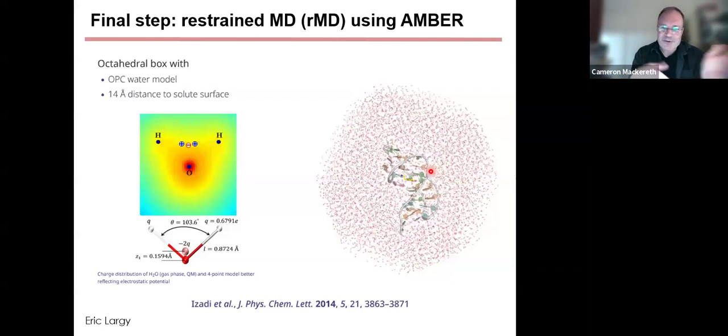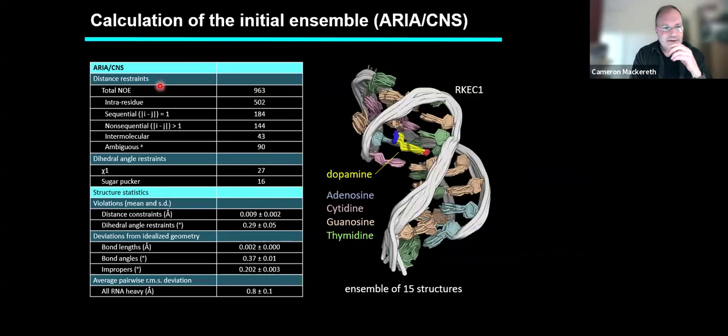So this is when I start switching to the white background slides, because this is now using Amber. And so what Eric now did, so that's why we were in the different background, took this ensemble of 15 structures calculated by the standard biomolecular NMR way, as well as, just go back for a second, only these top distances that we knew unambiguously.